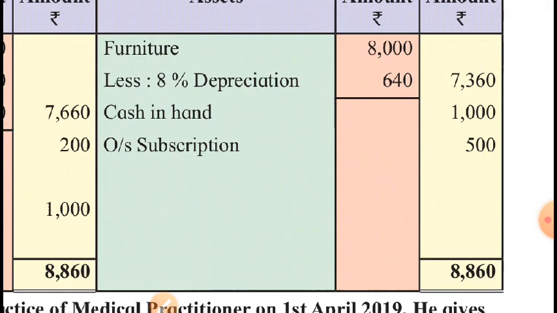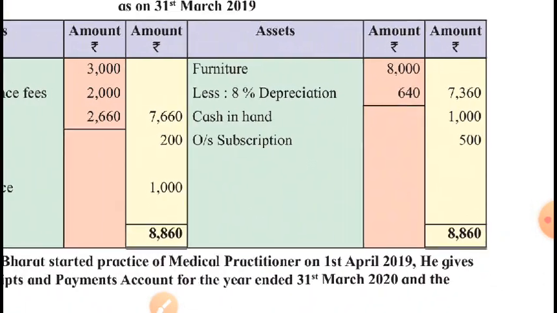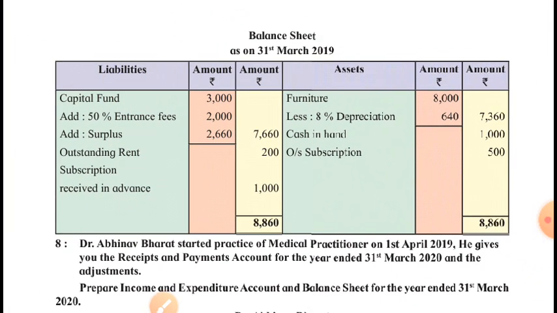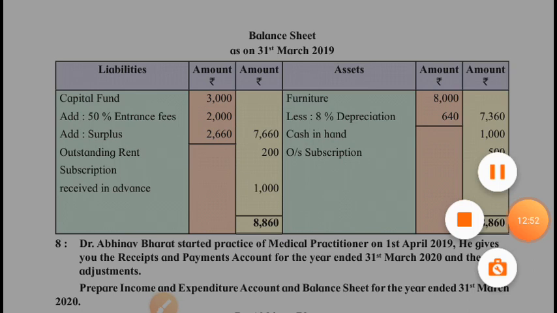So it is shown on the asset side. And obviously, if we have solved this problem successfully, then the balance sheet will get tallied. You solve this problem in your notebook and get it confirmed. Okay? Thank you very much.